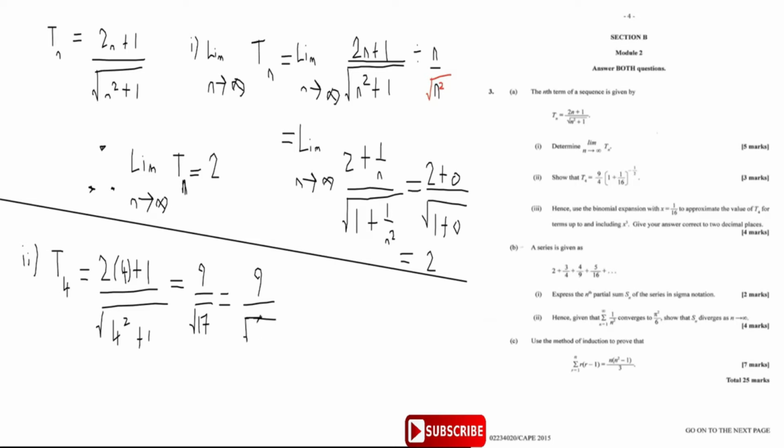I'm going to rewrite it as the square root of 17 divided by 16, multiplied by 16. You might wonder, where did that 16 come from? I am generating that 4 right there, and then I'm going to put a square root on it.